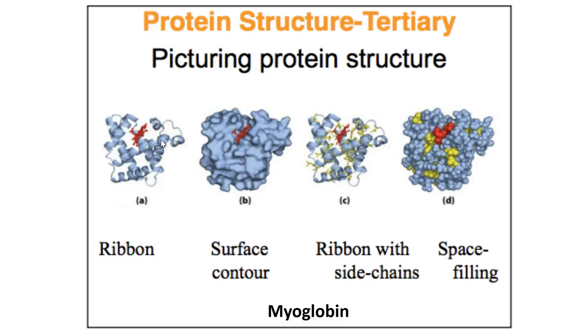And then there's all sorts of representations of this 3D tertiary shape of the protein. You can have the ribbon, you have surface contour, and then ribbon with side chains and space filling. And these are the schematic representations of a 3D model of a tertiary structure of the protein.